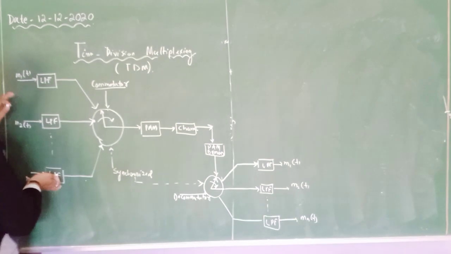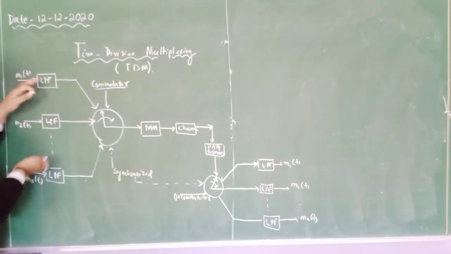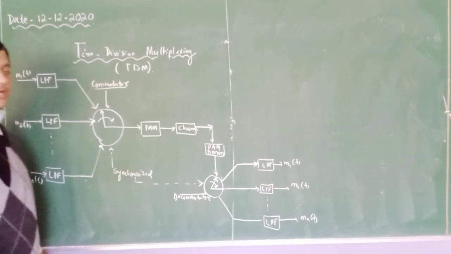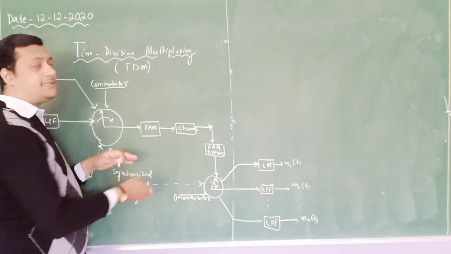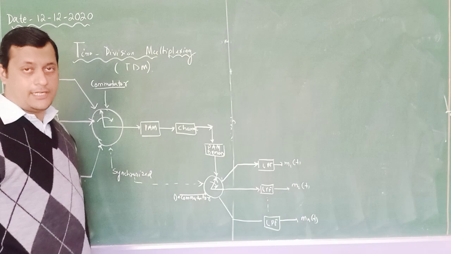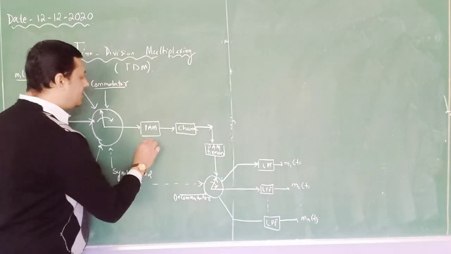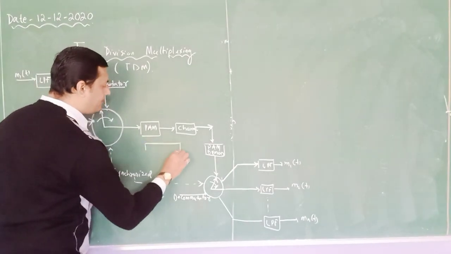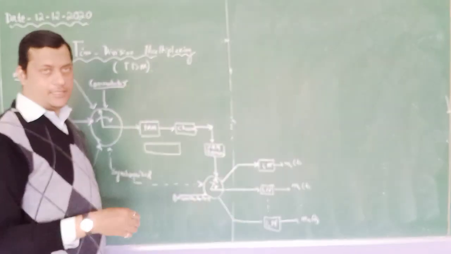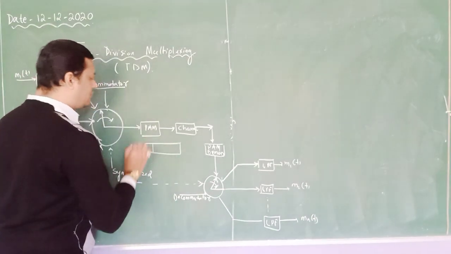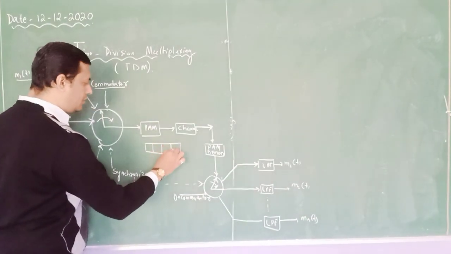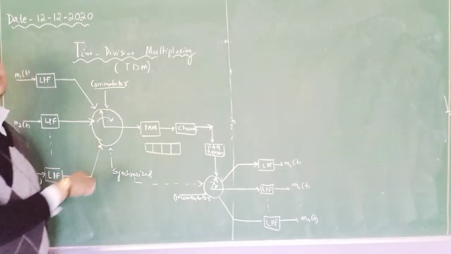Here what happens, n number of signals are given to the commutator, and this commutator provides the signal which is pulse amplitude modulated, and here it will create time slots. So first time slot, second time slot, third time slot, depending upon the number of signals.